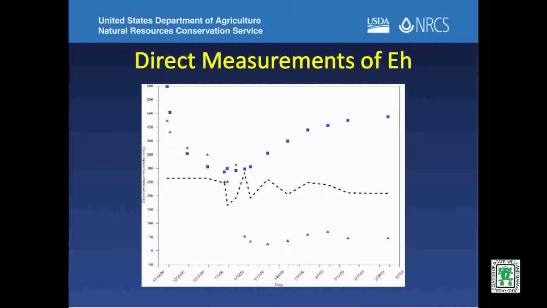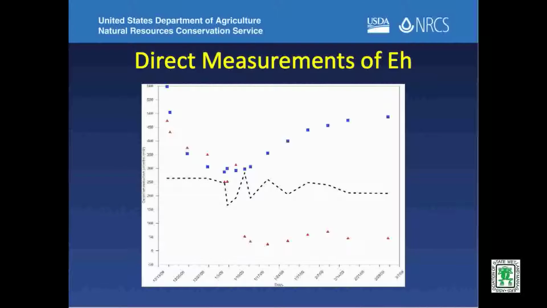Okay, and if you have direct measurements of Eh, this graph here shows days along the bottom, and along the left-hand side is the redox potential, and the dashed line shows you what the redox potential threshold is for the pH at the time that reading was made. If you look at the blue squares, they all remain above that threshold, so they stay aerobic the whole time the measurements are being taken.